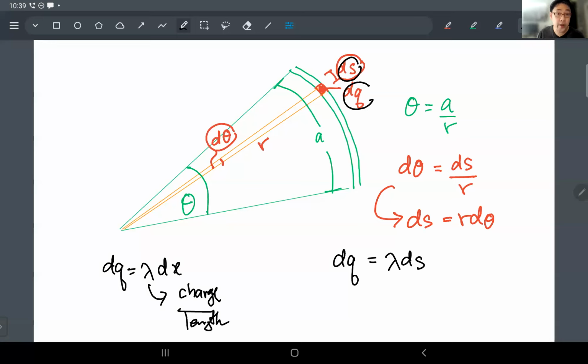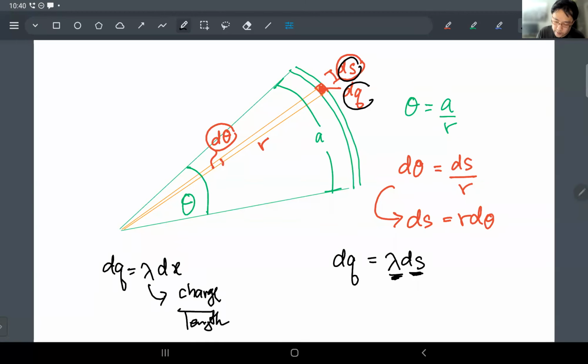So when you have the charge density per length, all you need to get back to the charge is multiply by the length. Same thing over here. If you know the lambda, charge per length, and you want to get the charge in there, you just multiply by the distance that the charge is covering. Lambda ds is just the dq.